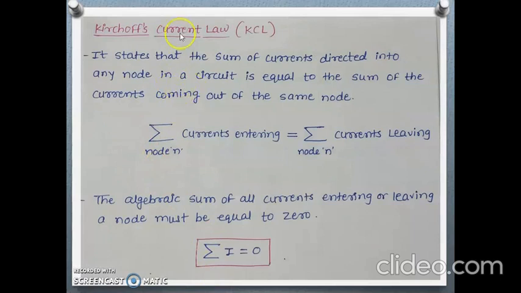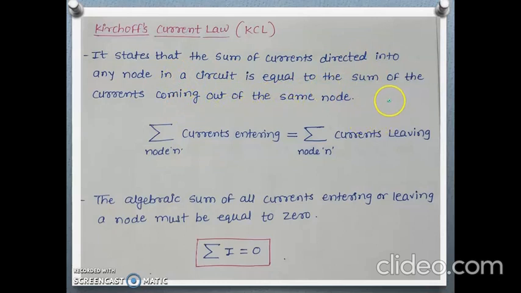Now, what is Kirchhoff's current law? The Kirchhoff current law, which is popularly known as KCL, states that the sum of the currents directed into any node in a circuit is equal to the sum of the currents coming out of the same node.